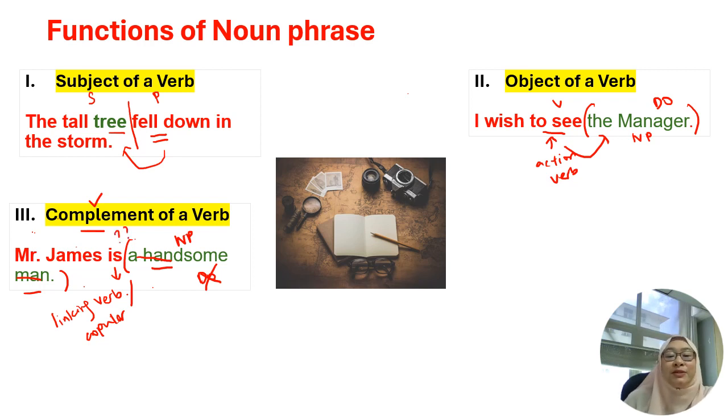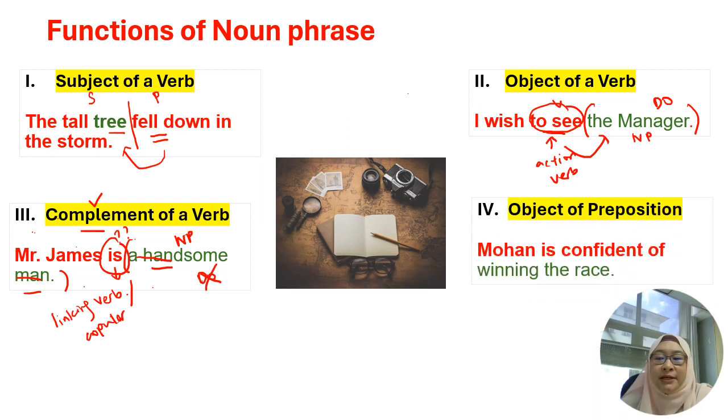So that's why it becomes a complement of the verb. So this is the difference between number 2 and number 3. Number 2 has the function of object of the verb, while number 3 has the function of complement of the verb. It depends on the type of verb that is being used together with the noun phrase.